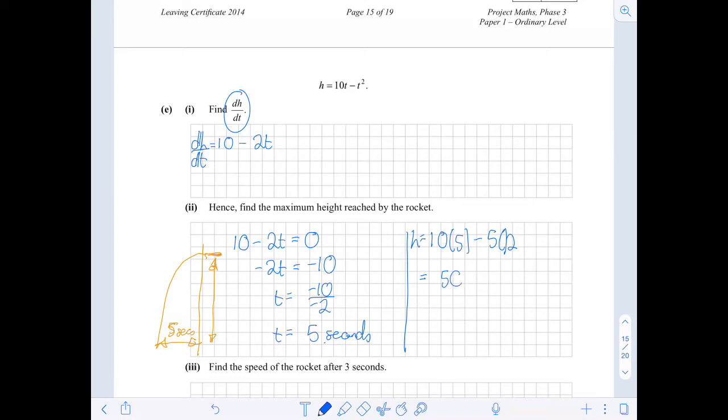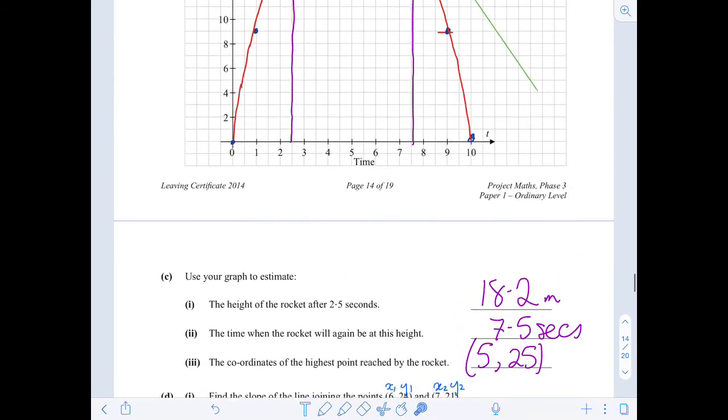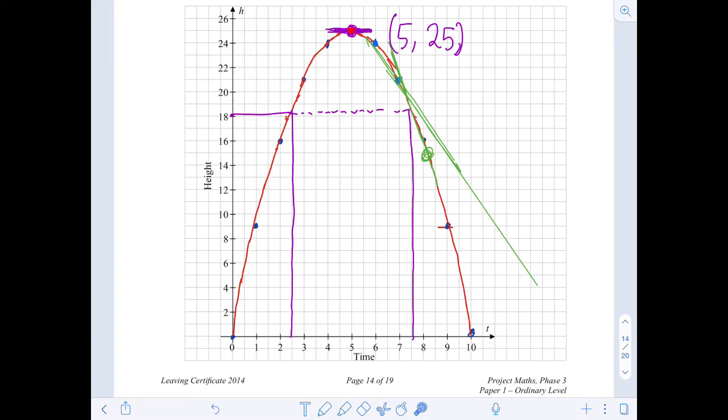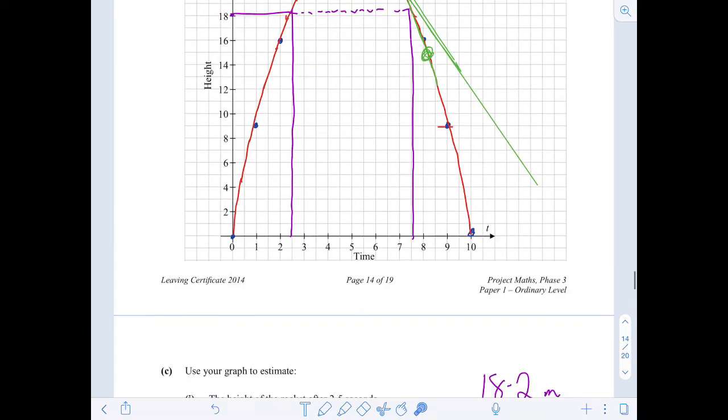So that's going to be equal to 50 minus 5 in brackets squared, 50 minus 25, which is equal to 25. And that's going to be in meters, and that corresponds to our picture that we drew up here. The height from there all the way down to there is 25.